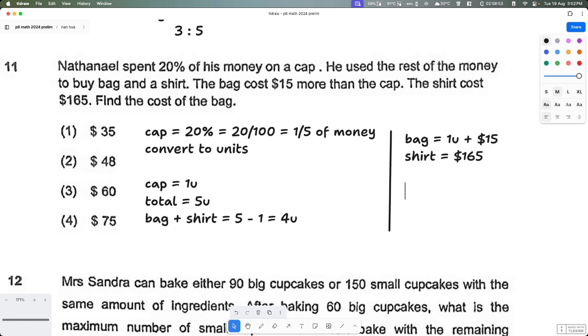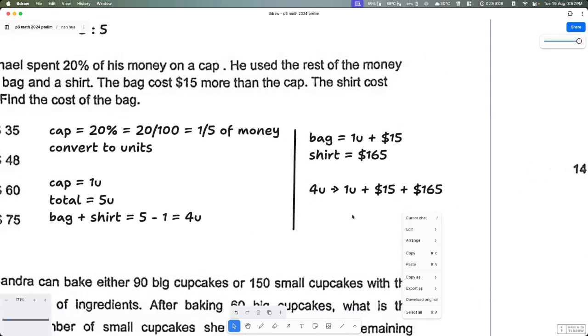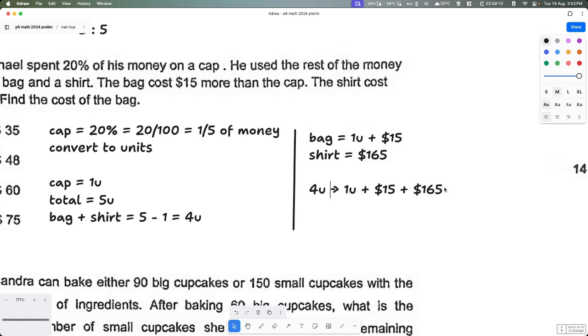So that means 4 units, which is bag and shirt, is equal to 1 unit plus $15 plus $165. This will then become 1 unit plus $180.